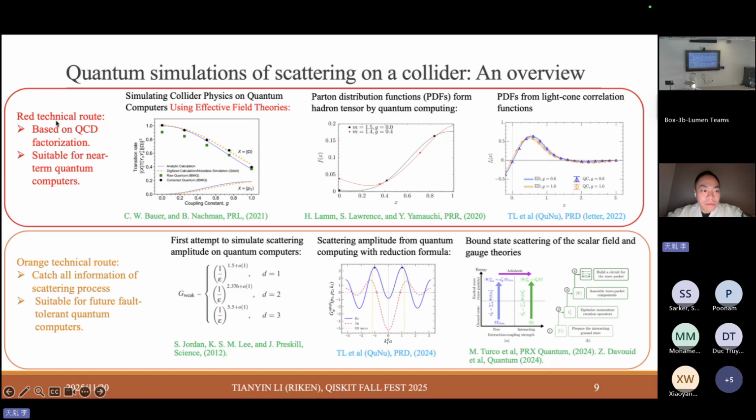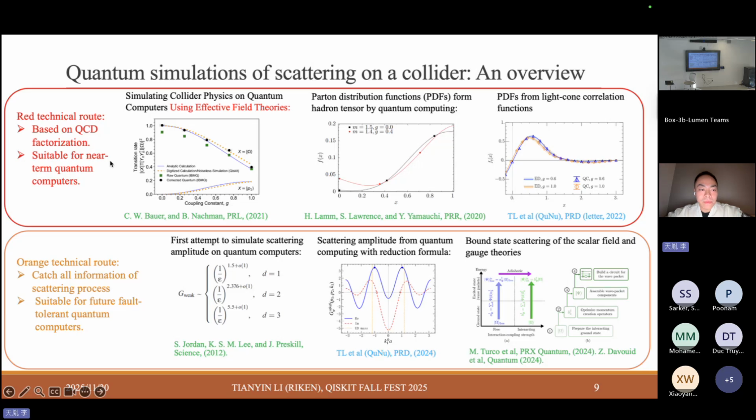There are two technical routes to simulate the hadron scattering process on a quantum computer. The first technical route is based on the QCD factorization theorem. According to the QCD factorization theorem, we can separate the short-distance perturbative physics in QCD from the long-distance or non-perturbative physics. So we only need to focus on how to simulate the non-perturbative physics on a quantum computer.